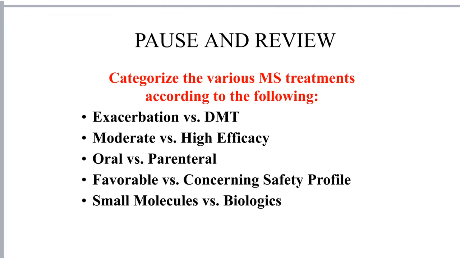Drugs that are moderate efficacy versus those that are high efficacy. Oral administration versus parenteral administration. Those that have a more favorable versus those that have a more concerning or problematic safety profile. Those that are small molecules versus those that are biologic drugs. Try to categorize the agents we discussed according to these various factors, and that will help you review the agents prior to MS therapeutics.